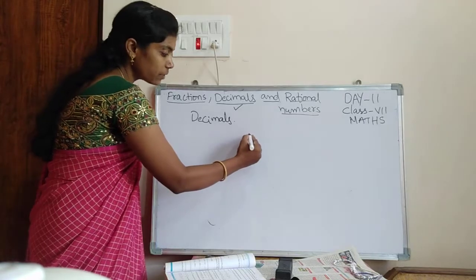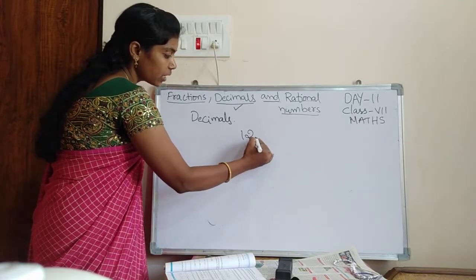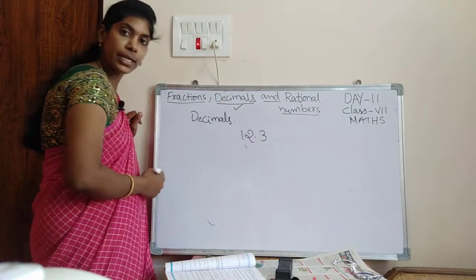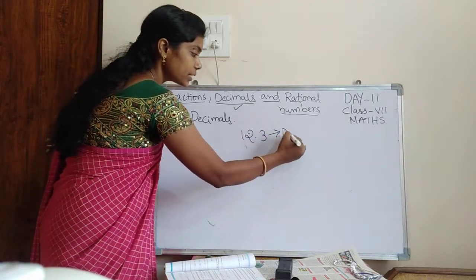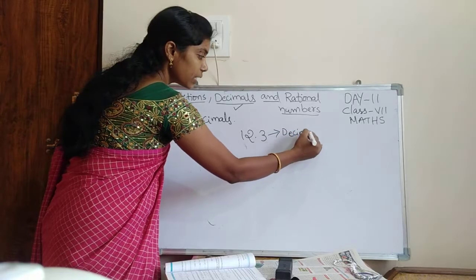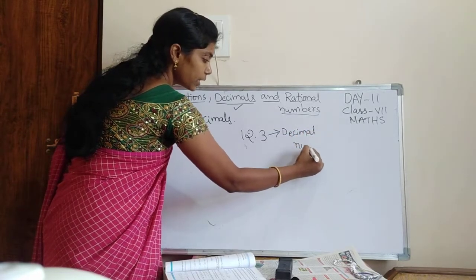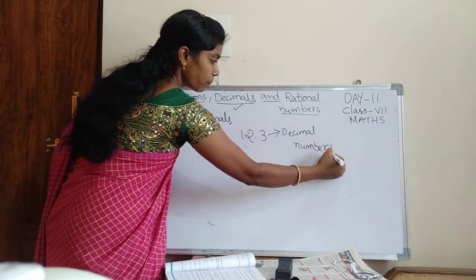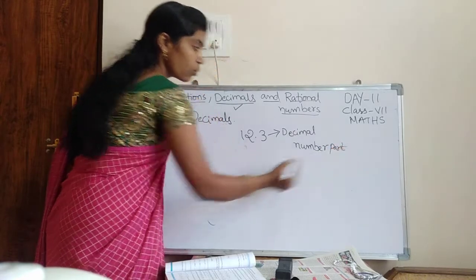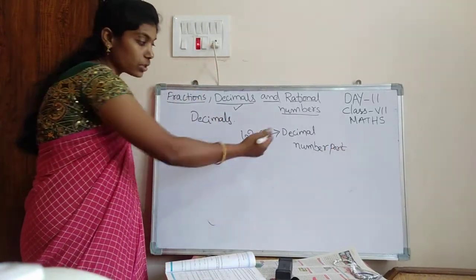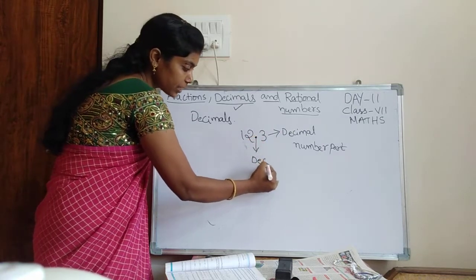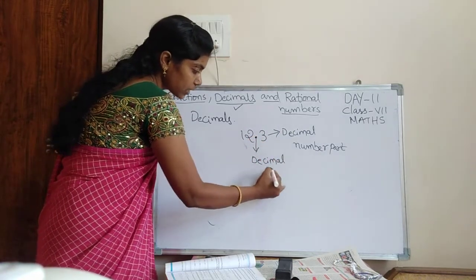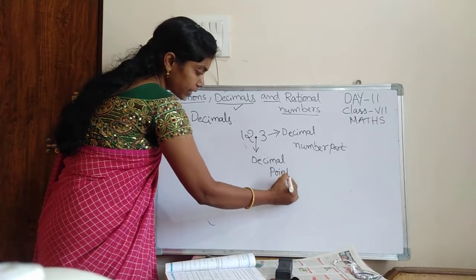So how will decimals look? For example, 12.3 is a decimal. In this, the 3 we will call the decimal number part. Already we know this. The dot is called the decimal point, right?